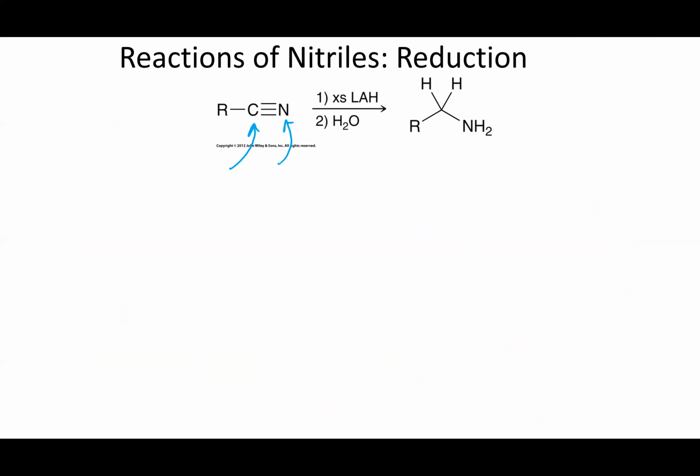It's related to the reaction we saw at the start of this chapter, back before the spring break. We'll see that the reaction here gives us an amine. In the reaction of the excess lithium aluminum hydride with a carboxylic acid, we produce an alcohol.